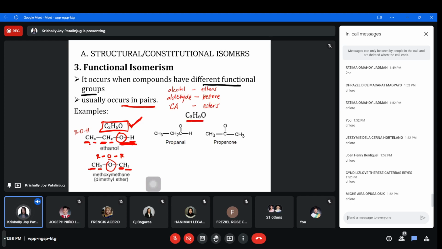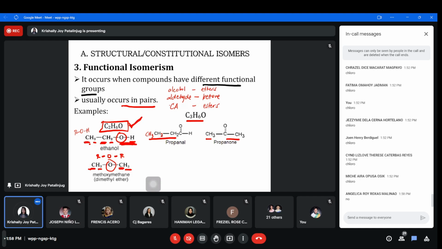Kasi kapag example, dinagdagan ko to ng CH3, kumbaga apat na yung carbon dito, dito tatlo, aldehyde and ketone pa rin yan, di ba? But when you are asked, are these isomers? Are these isomers? Kapag dinagdagan ko ng CH3 sa left side, yes. No, no. Tama si Angelica Roy. Okay? Hindi na po yan isomers.